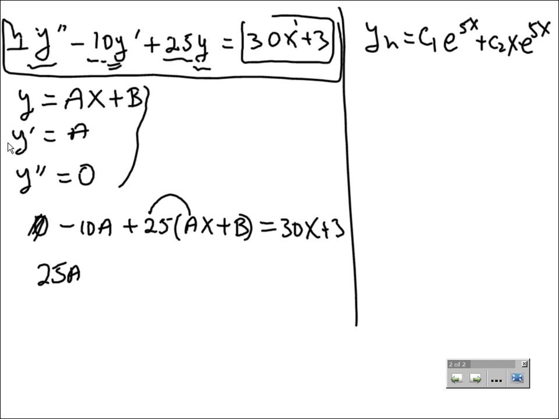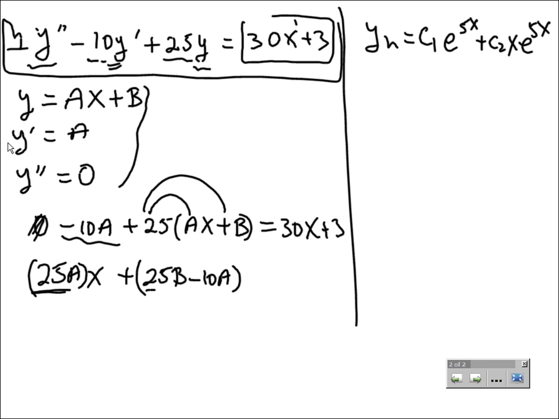We have 25a x's. And now we have constants. We have plus 25b minus 10a. They don't have any x's. So we have this number of x's plus that constant. But on the right side, we have a number of x's, and we have a constant.